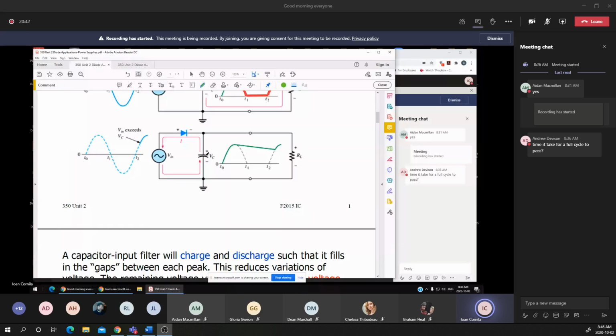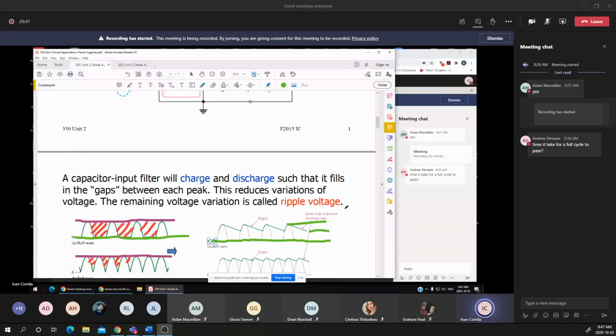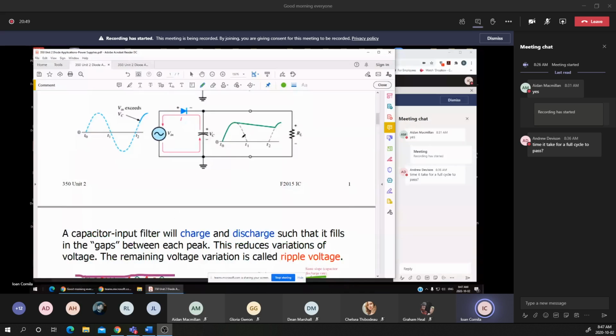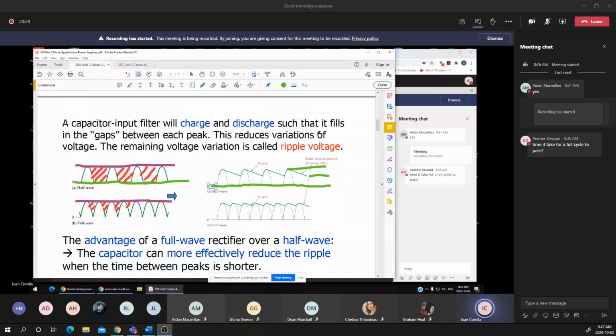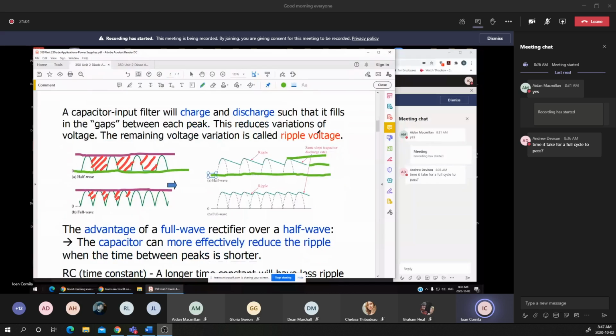The variation or the ripple of the voltage depends on the capacitor and on the resistance R. Remember that the time constant, or tau, of the circuit depends on the capacitance and on the resistance connected to the circuit.